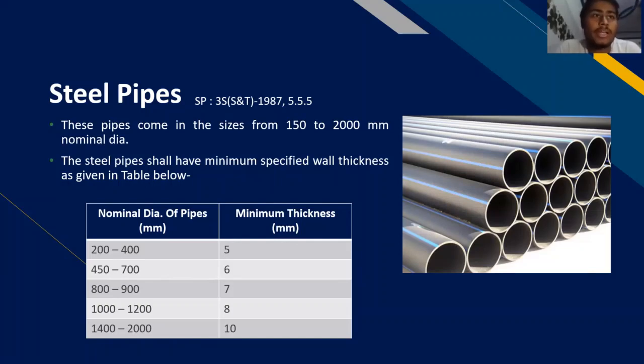The nominal dia of the pipes ranges from 200 to 2000 mm, and the minimum thickness for pipes of diameter 200 to 400 mm is 5 mm. Similarly, for pipes of diameter 800 to 900, the minimum thickness is 7 mm, and the rest of the diameters and thicknesses are given in the table.